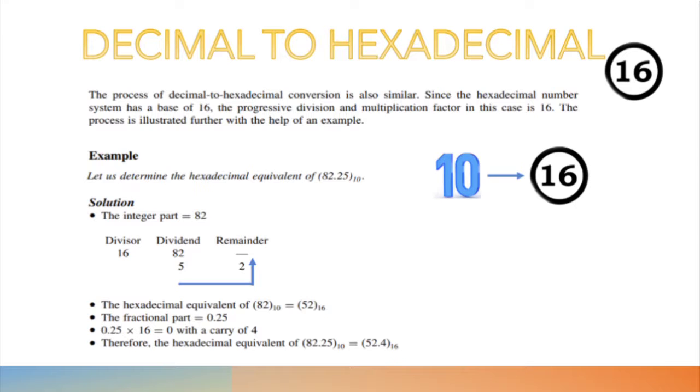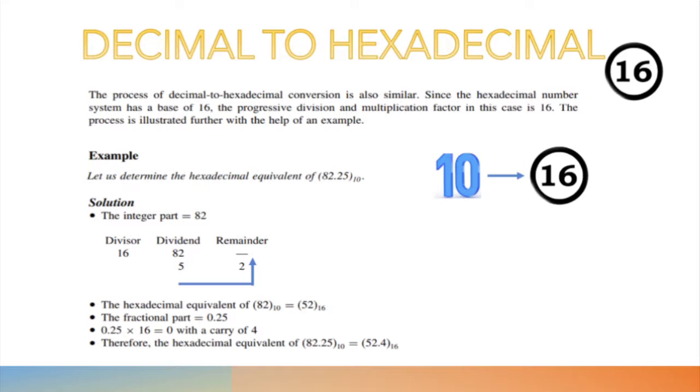The number given here is 82.25 to the base 10, and we need to convert it to its hexadecimal equivalent. Following the same rules, taking the integer part 82 and dividing it by 16, we get the answer 52 to the base 16. That is, the hexadecimal equivalent of the decimal number 82 is 52 to the base 16.